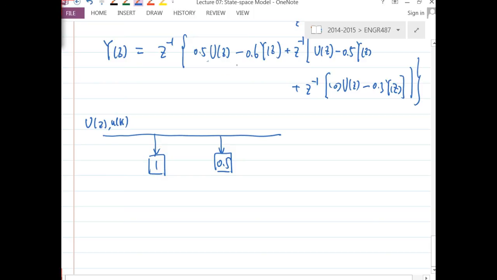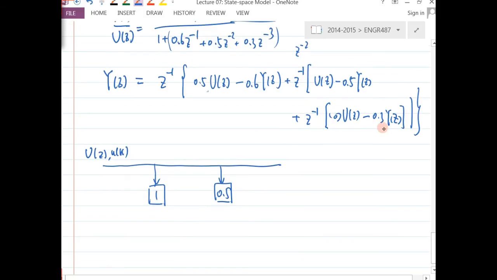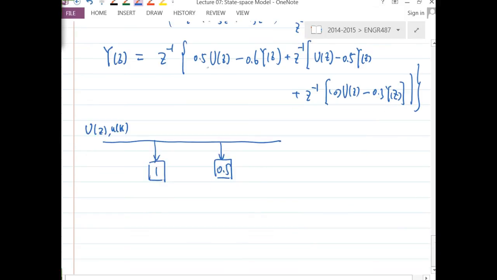And how does that subtracting go here? So the first one here, the innermost side of the nested programming, this block here, has no u of z, and just the feedback of 0.3 y of z. So let's say my y of z is over here.